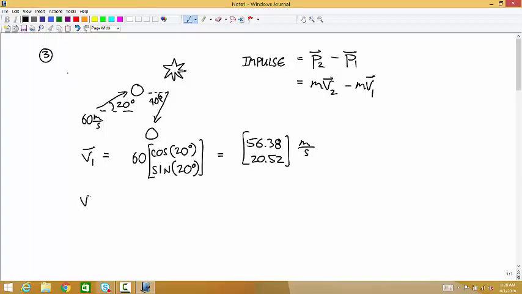And then at instant 2, the velocity is 70 times, what's the angle for this one? Negative 140 will work, yep, or positive 220.